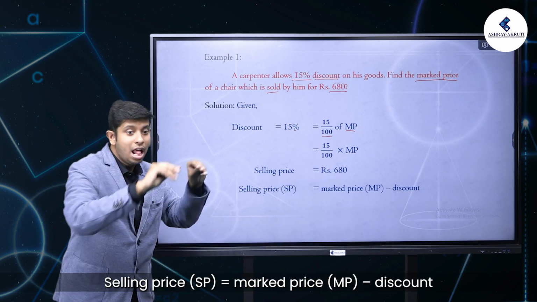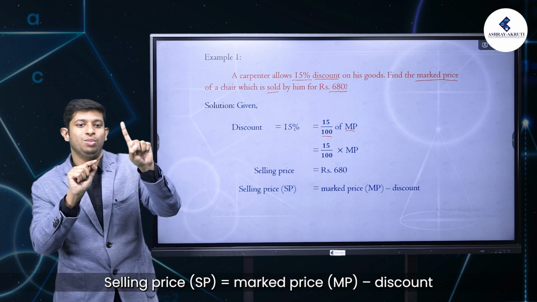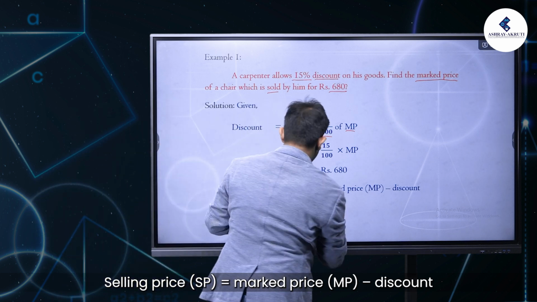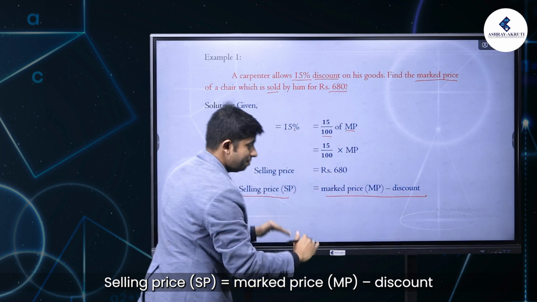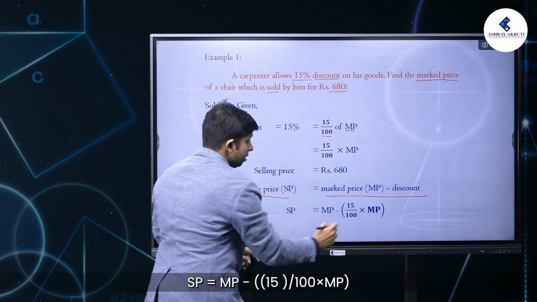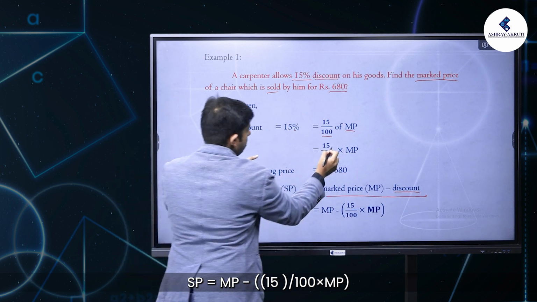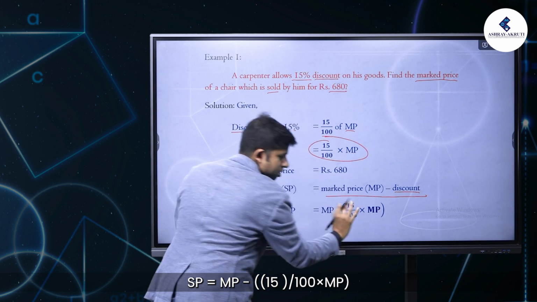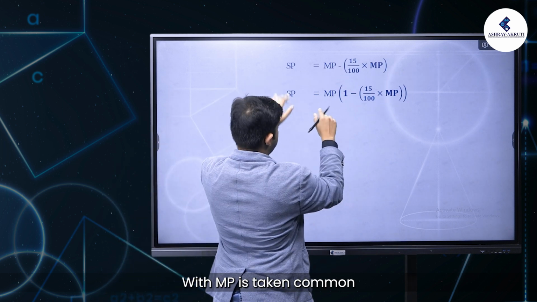We know selling price is equal to marked price minus discount. Selling price equals marked price minus 15 by 100 into marked price, where MP is taken common.